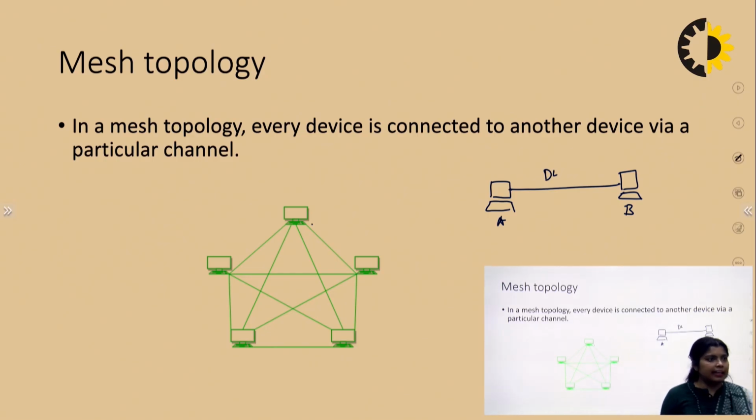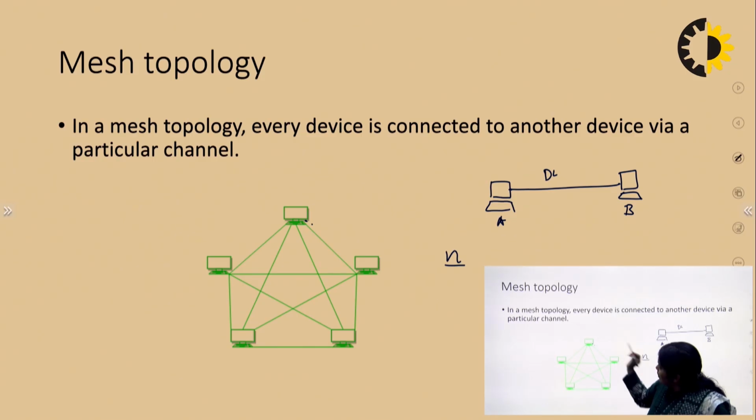In the mesh topology, all nodes present on the network are connected to each other with a cable or a link. If there are n nodes on a network, here you can see 5 nodes, each of them connected together.